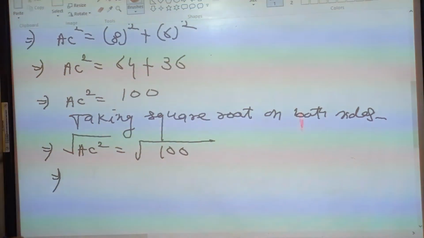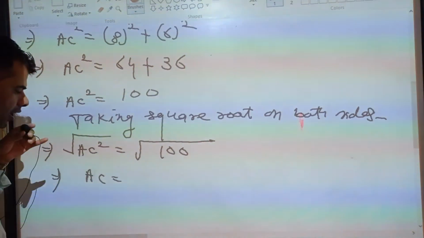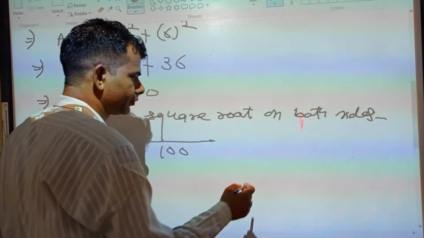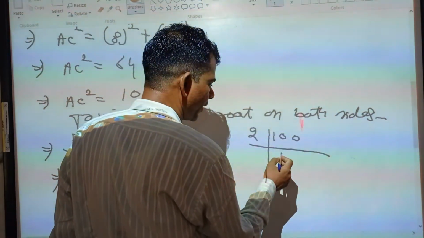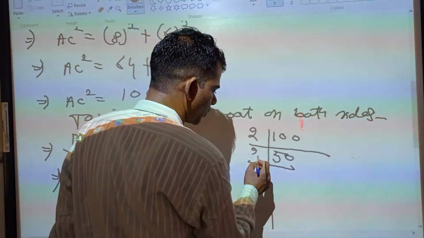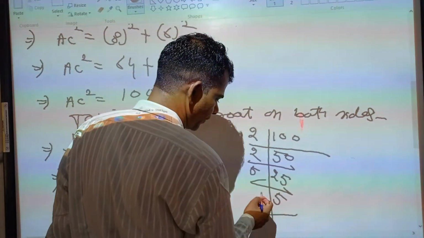Now square root of AC square is AC. Prime factorization of 100: 2 divided by 50, 2 25, 5 5s are 25 and 5 1s are 5.